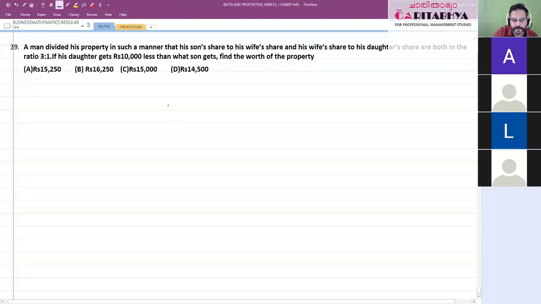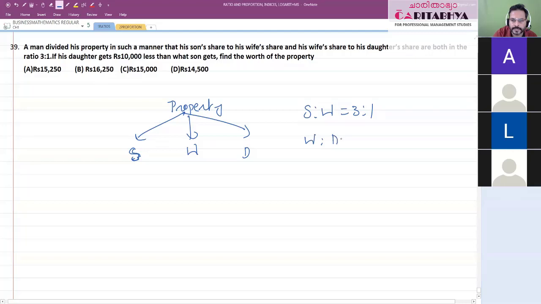A man divided his property. So the value of the property is not given. He divided it in such a manner that the son's share to wife's share equals 3:1, and wife's share to daughter's share also 3:1.